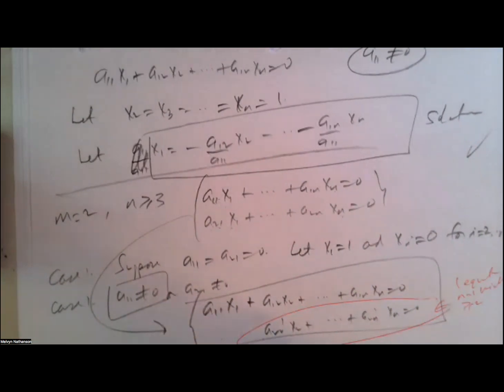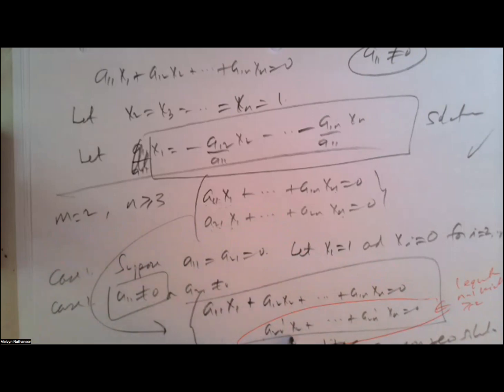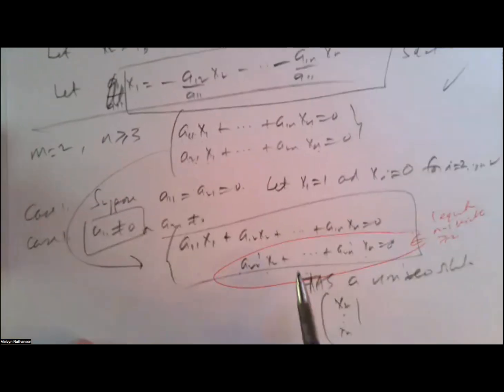So this equation has a non-zero solution. I can find scalars x2 up to xn, not all 0, that solve that equation. If I take those scalars and plug them into the first equation, A11 is different from 0, so I can solve for x1.